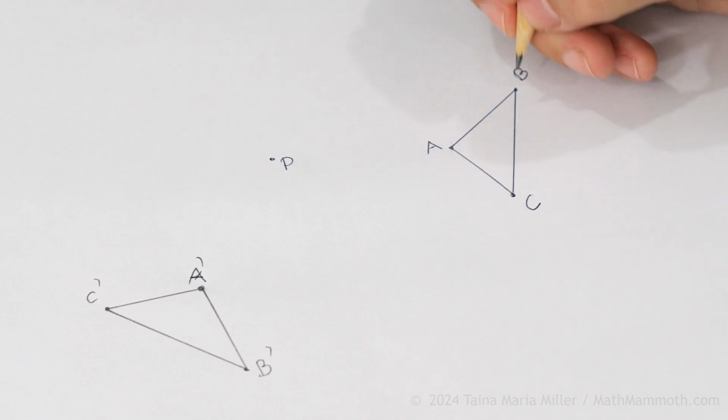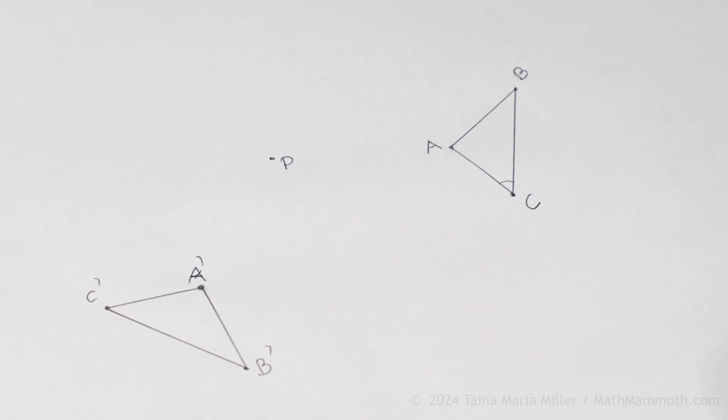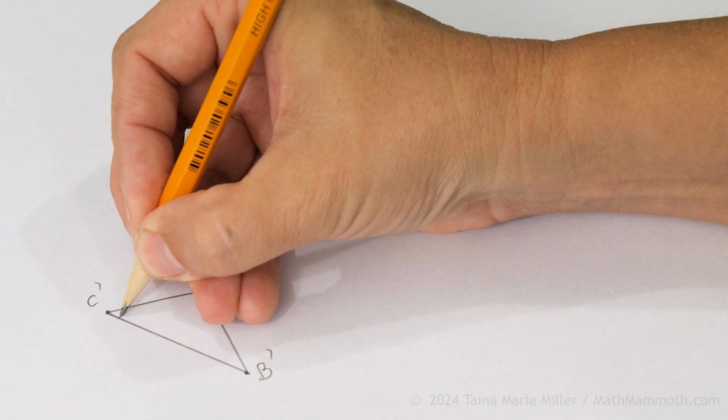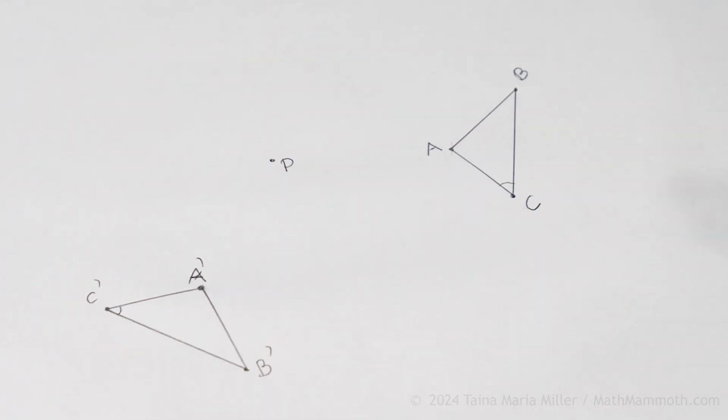And then the angles, for example, is angle C congruent to angle C prime here? This is something you can investigate. You can do a similar exercise on your own papers. Or if you're following the Math Mammoth curriculum, in the lesson there is a very similar exercise for you to do. Okay, so happy investigating.